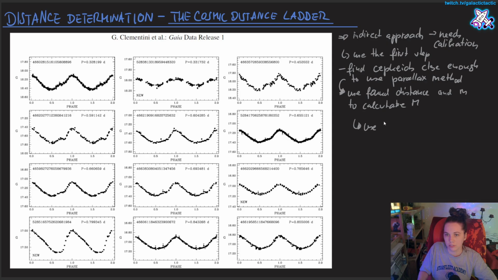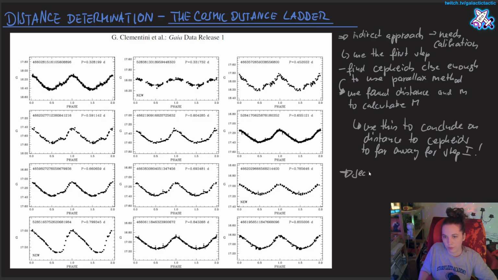Use this to conclude on distance to Cepheids. They are too far away for step 1.